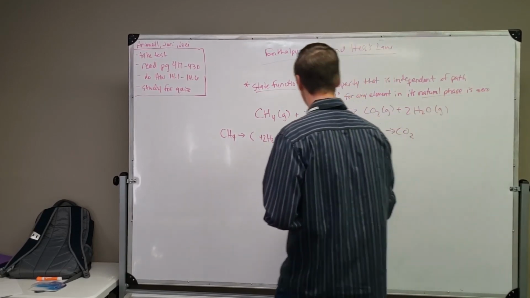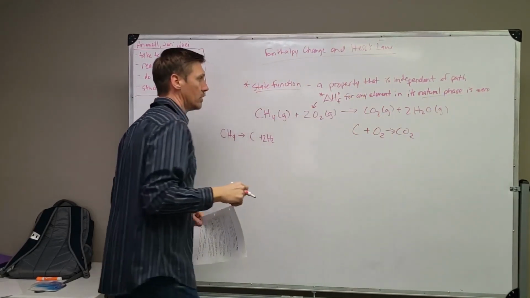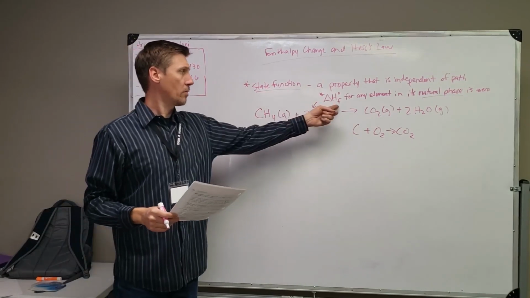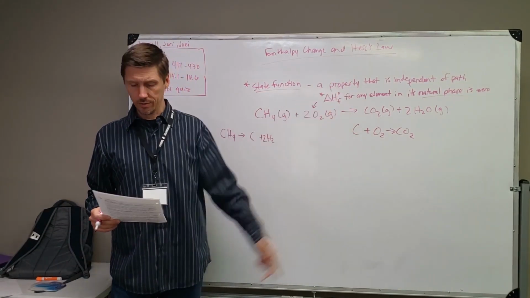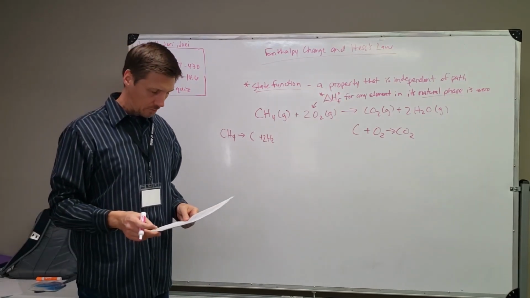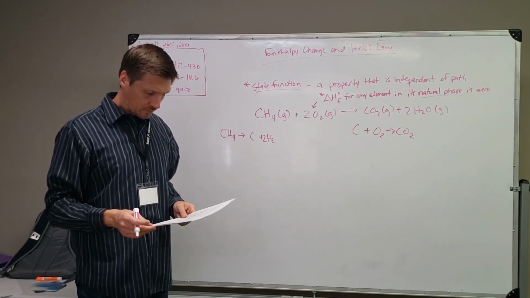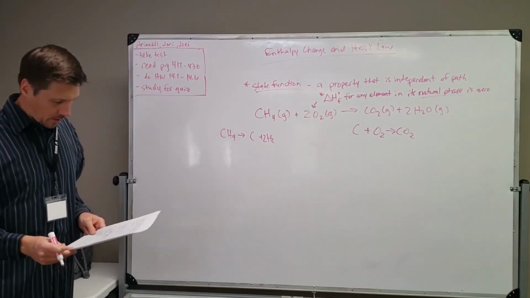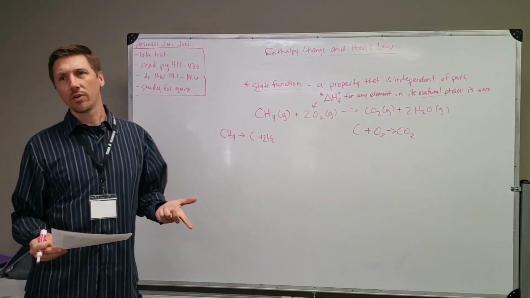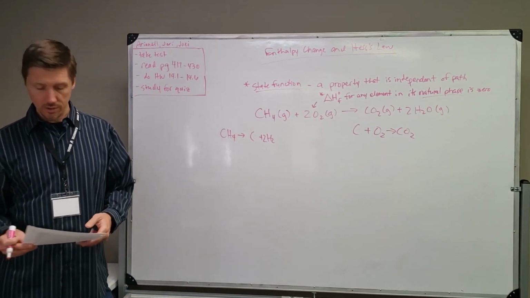All right? So the change in H, the F stands for formation. The little degree symbol up there means that it's standard enthalpy of formation, or the enthalpy under standard conditions. Standard conditions would be 25 degrees Celsius, which is room temperature, and a pressure of 1 atm.